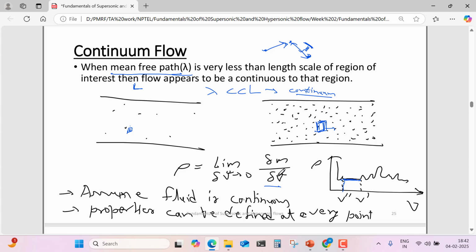So we take that volume as the volume of the particle. So generally the particle size in the continuum hypothesis is taken as that only. So we have to assume that in the continuum flow, that flow is always continuous. At every point there is fluid present, and properties can be defined at every point. It should not be like at one point we cannot define the properties, like in rarefied flow some point we are not able to define the density, but it should not be like this in the continuum flow.